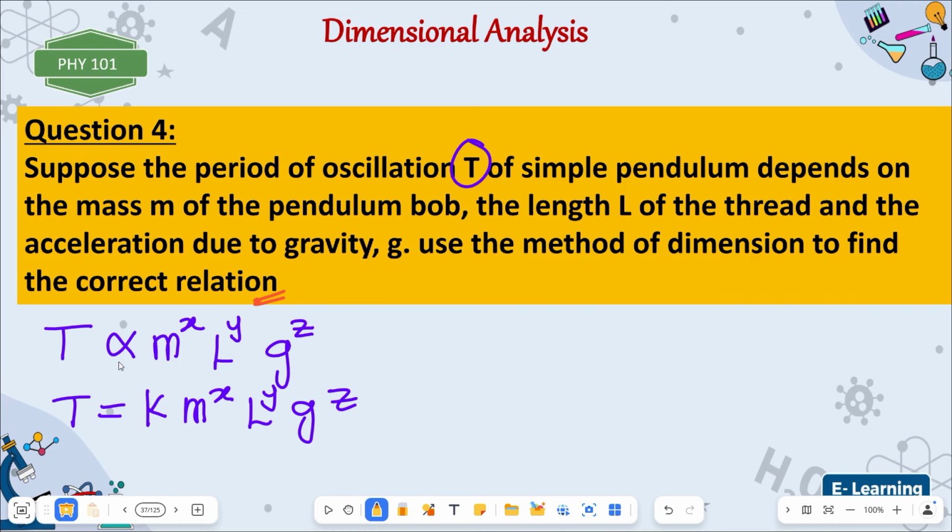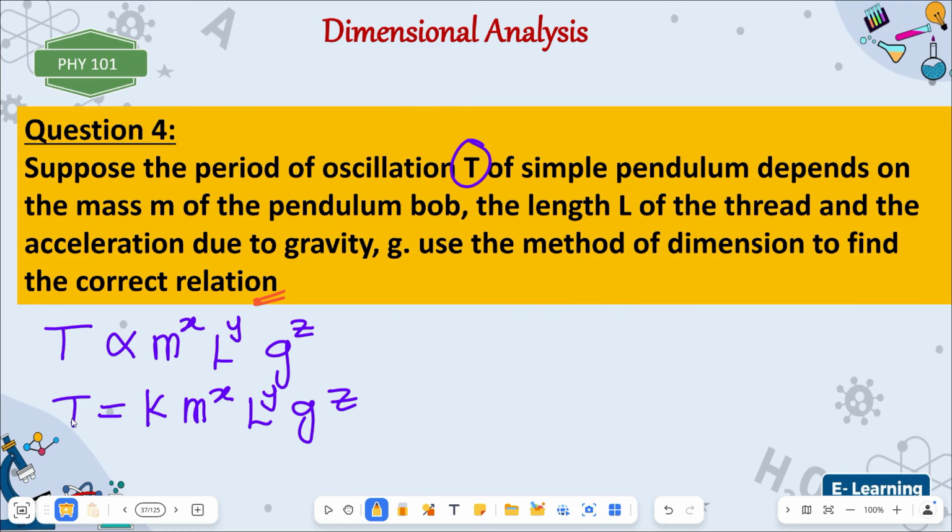You know, when we are in secondary school, even primary school, they used to teach us different types of proportion, direct proportion, inverse proportion, joint proportion, and so on and so forth. So what we just did here is remove the proportionality sign and then introduce a constant, of course, which is k. So what we are going to do now is to look for the dimension of each of these. Period.